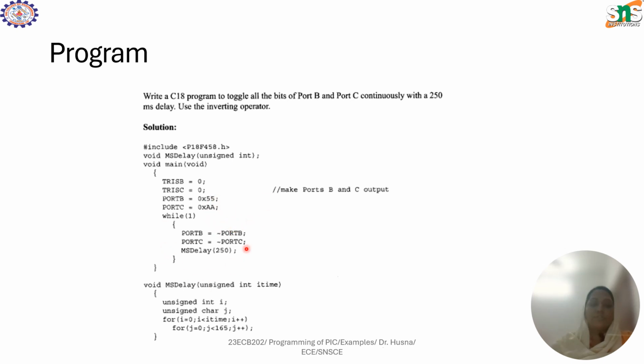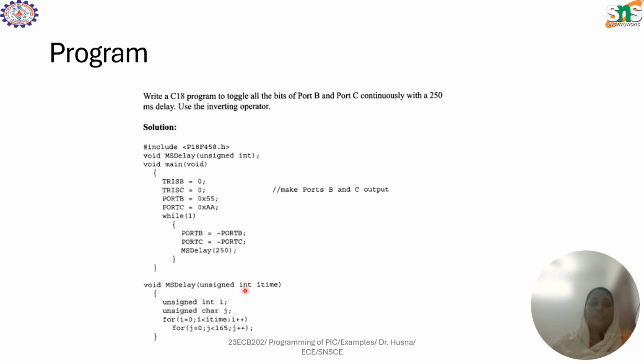Then I will go for the first iteration. In the first iteration, I have mentioned a bitwise operation, so the bits are going to be shifted one by one. Initially it will be 0101, and after masking and shifting the bits, it will become 1010. Similarly, port C also gets shifted, and everything is done with a delay of 250 milliseconds for every iteration. Every iteration the loop repeats, and whenever it comes up 1 and 0, it creates a toggling and starts blinking.